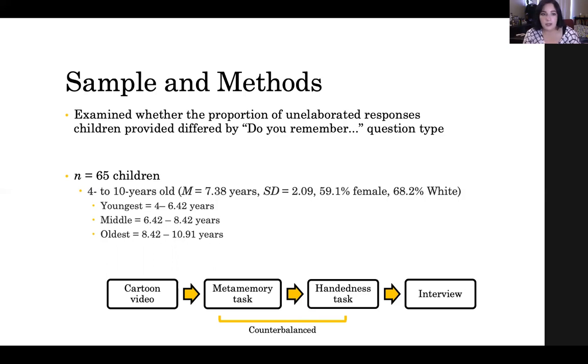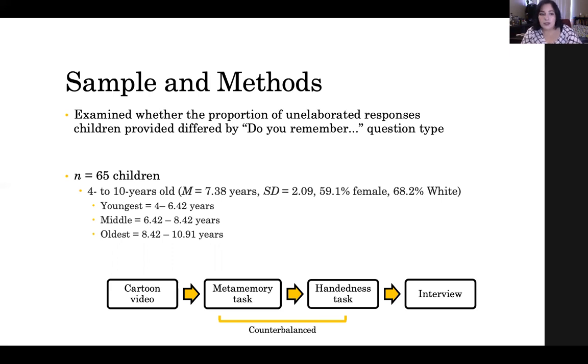The participants in our sample were predominantly female and predominantly white. For the purposes of today's talk, we did create 3 age groups, ranking children from youngest to oldest in our sample, and creating 3 equal groups of 22 children per group. For our manuscript, which we currently have in preparation right now, we will be treating age continuously.